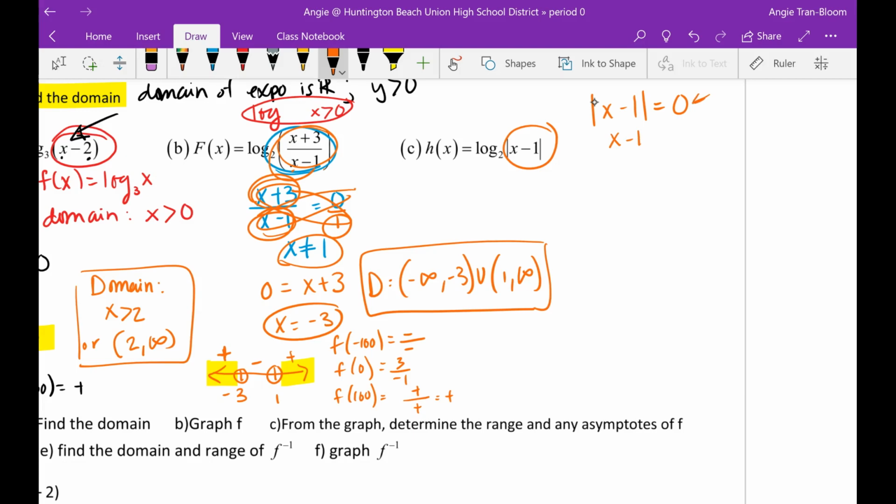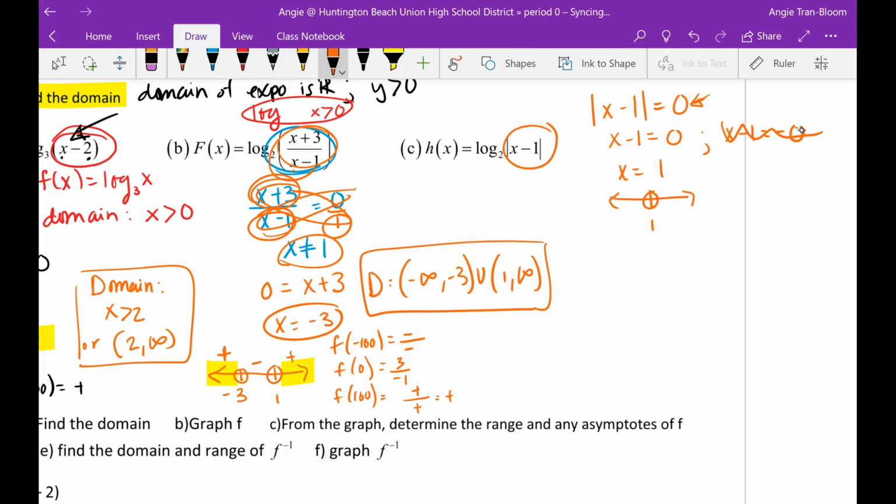If this isn't 0, I would break it up into two equations, like x minus 1 equals positive 0 and x minus 1 equals negative 0. But because it's 0, there's no positive and negative, so I don't have to worry about the negative part. So solve for x normally. x is 1, and you plug it in.